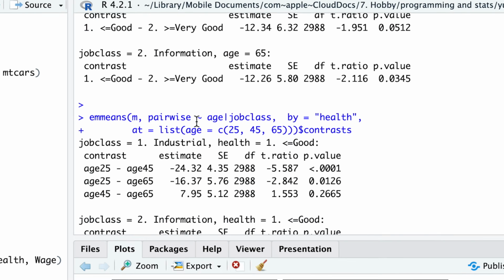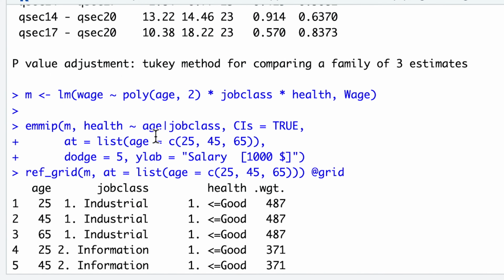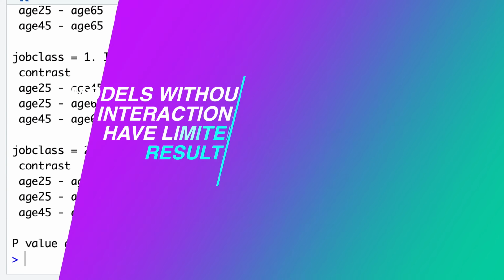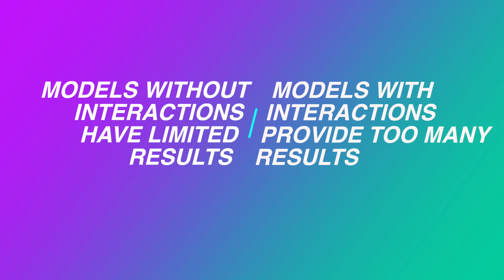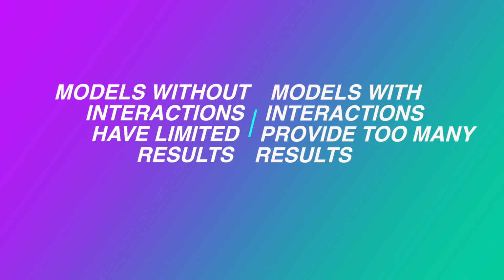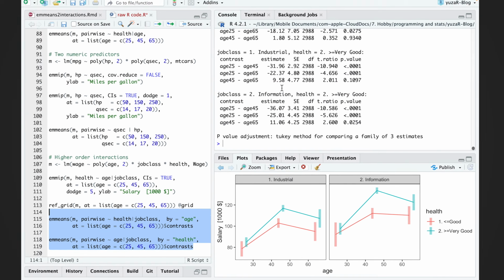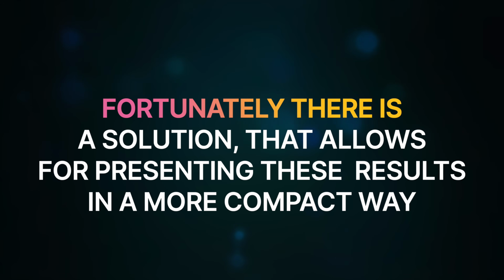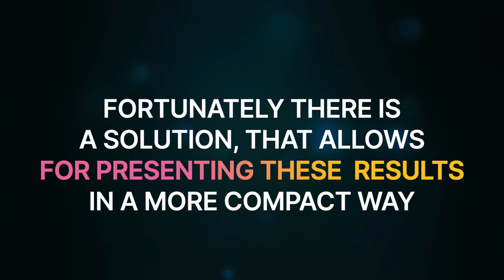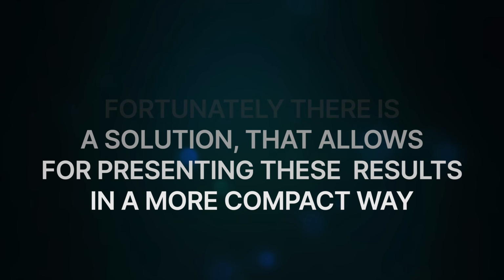But wait, you may suddenly realize that you now have a different problem. While models without interactions have limited results, models with interactions provide too many results, even with only 2 or 3 categories per predictor. Imagine the results if one of the predictors had 5 categories. Fortunately, there is a solution that allows for presenting these results in a more compact way.